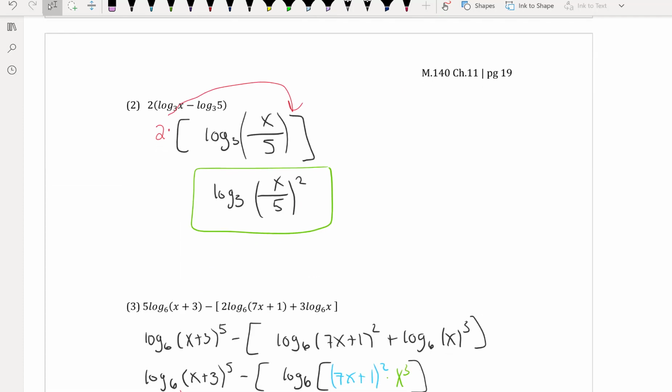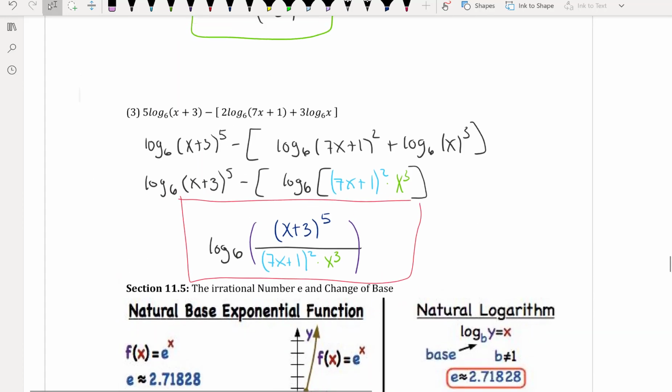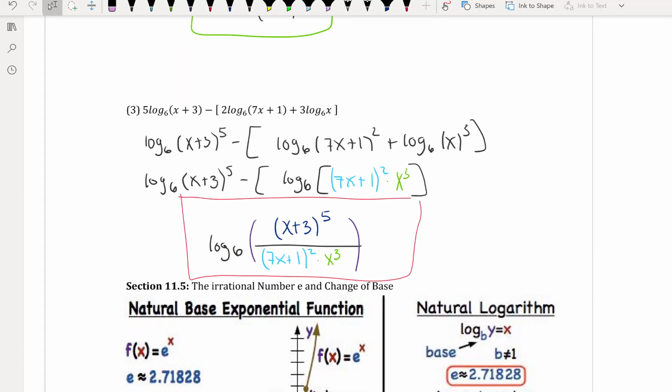For that last one, I had subtraction, so I turned that into division first, and then that 2 became the power, so that was going to be my exponent. And for number 3, I worked from inside the brackets to the outside, so I changed the addition into multiplication, and then I turned that subtraction into division as my final answer.